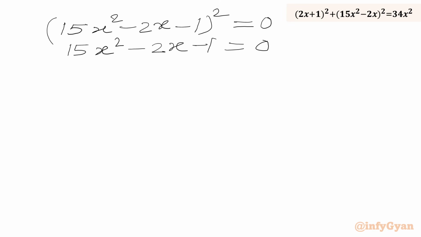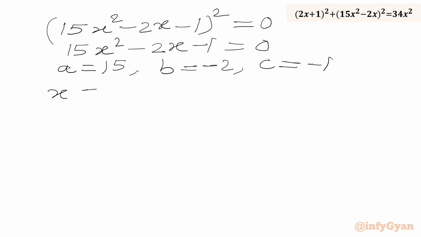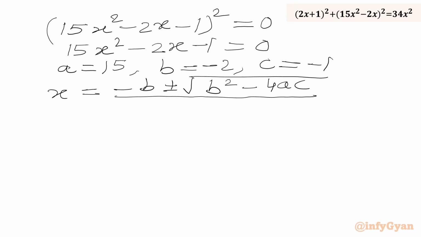Now we will be using quadratic formula. Here a is 15, b is minus 2, c is minus 1. So we'll write x equal to minus b plus minus square root of b square minus 4 times ac over 2 times a.